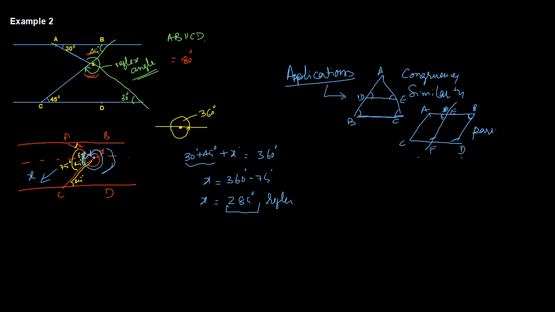The reason is if I extend this, this will become a transversal line, and these two are corresponding angles. So as you can see, there are many applications based on these properties. Just make sure you go through this and try to understand as much as possible so that you can use this whenever needed in different scenarios.